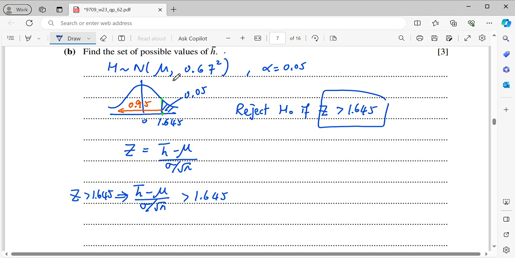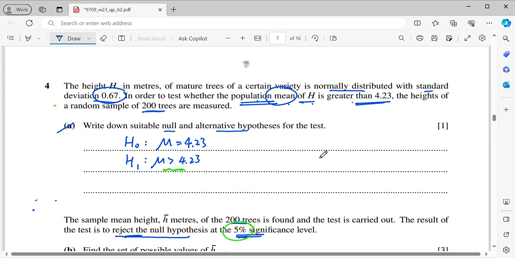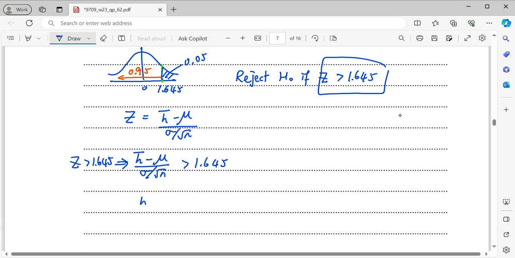Then now, the mu is not given. Let me check. The mu is given in the H0, right? So we refer to the H0, which is 4.23. So now I will write h bar minus 4.23 over the standard deviation.